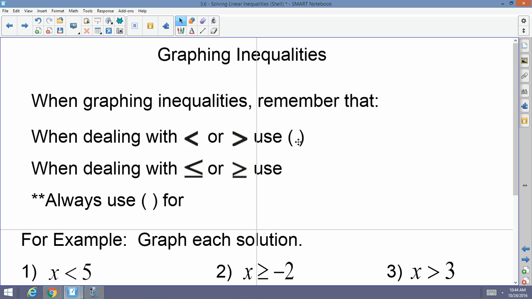You're not going to use an open circle anymore.